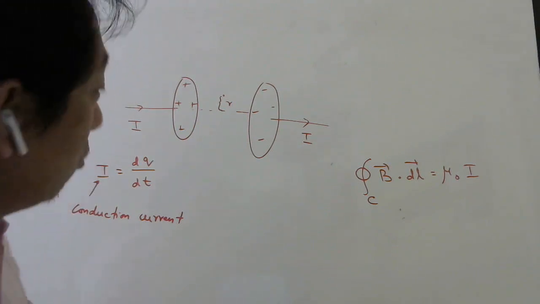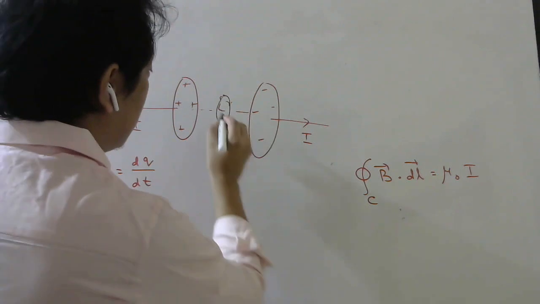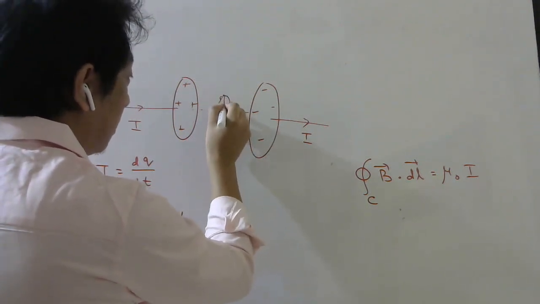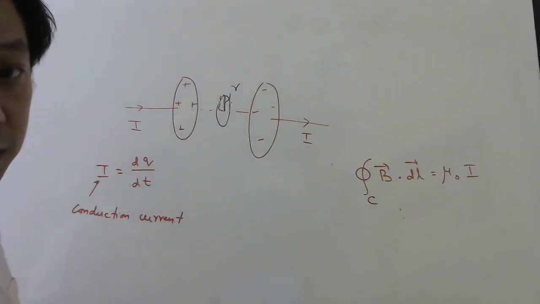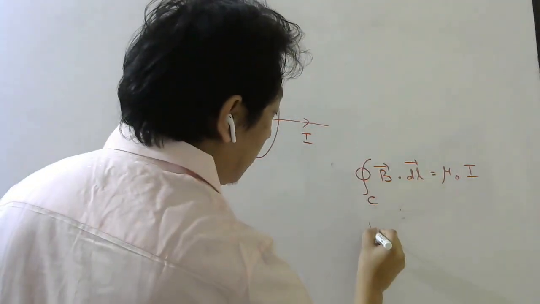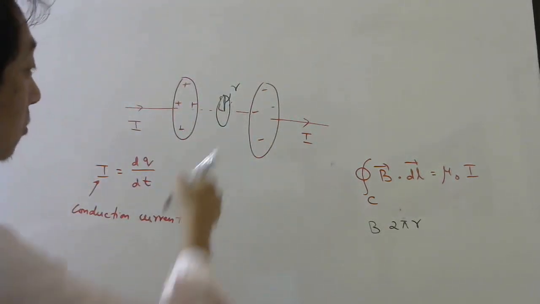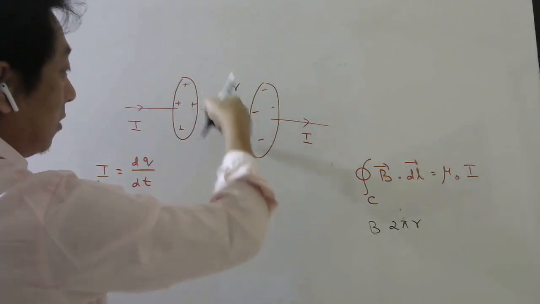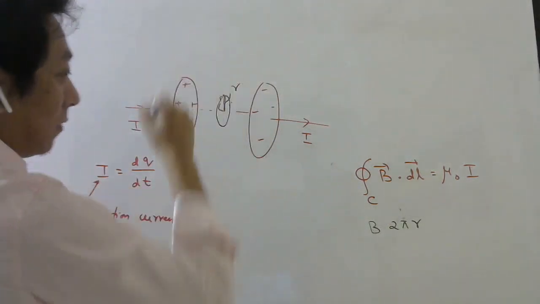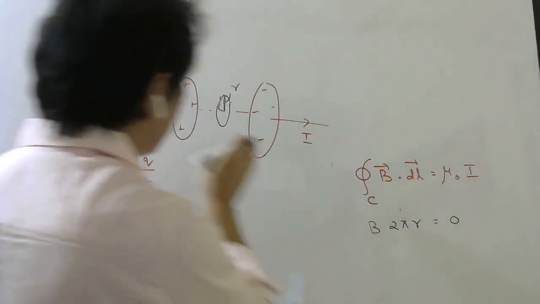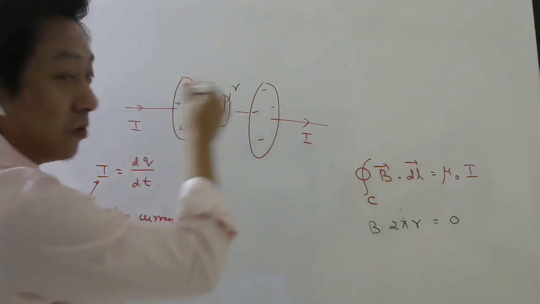Because if you make a loop like this, then the radius of the loop will be this r. So the left side will be B into 2 pi r, right? B is circular. If there is any B, we can imagine it is circular, and integral of dl will be 2 pi r. That will be 0 because there is no current flowing through this loop. There is no current enclosed by this loop.